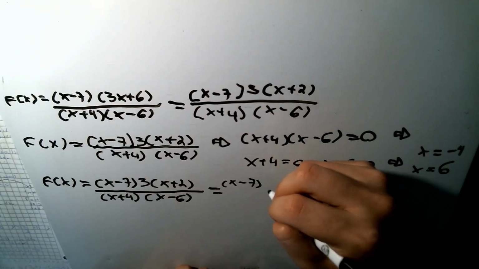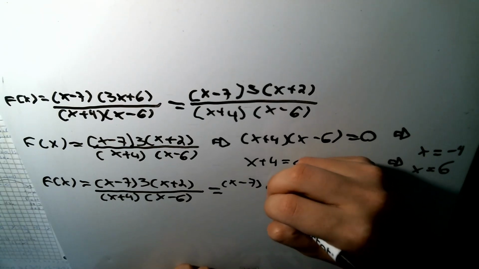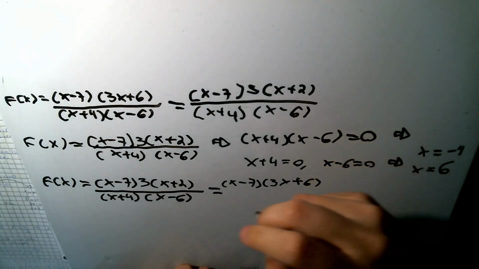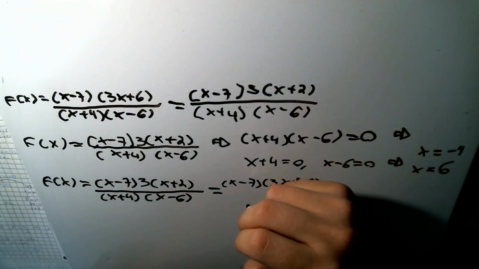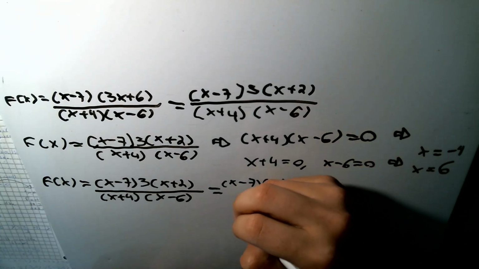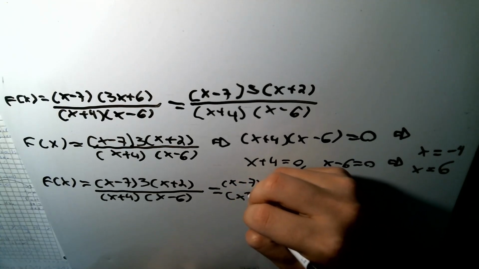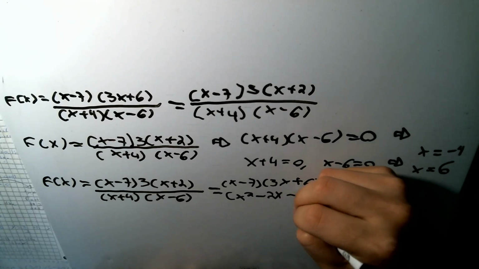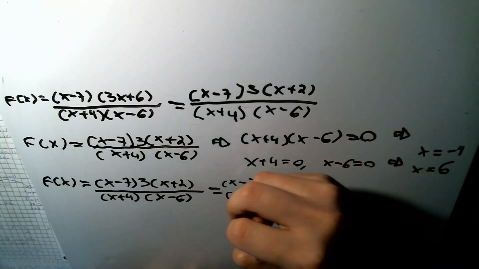This gives us x minus 7 multiplied by 3x plus 6 over x squared minus 2x minus 24.